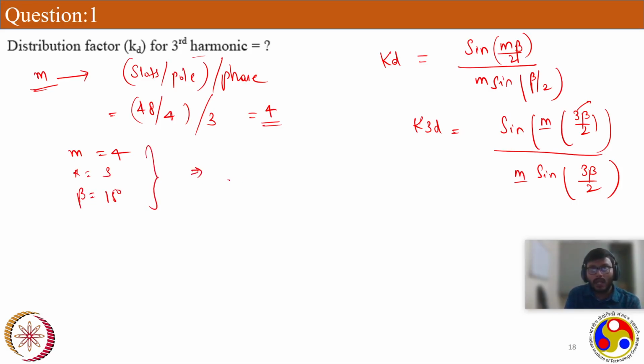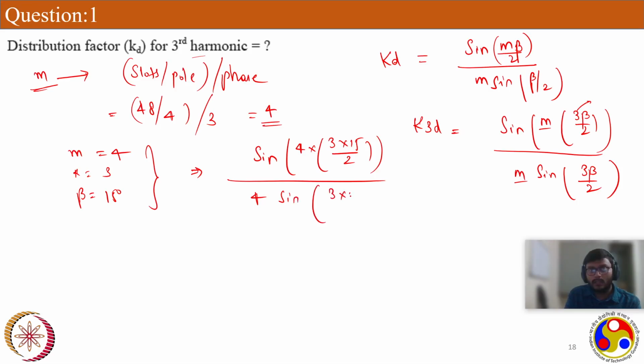With this, can you try to calculate the K3D? Sine 4 into 3 beta by 2 divided by 4 into sine 3 beta by 2. It's sine 60, this 2, sorry, 2, 30.